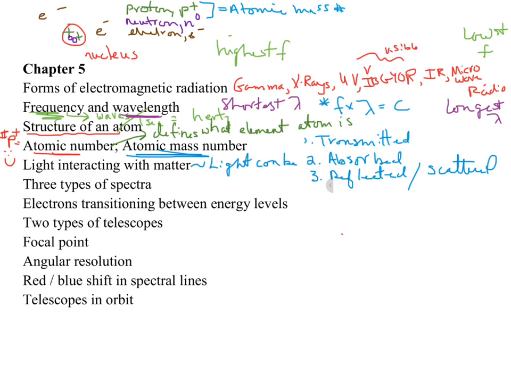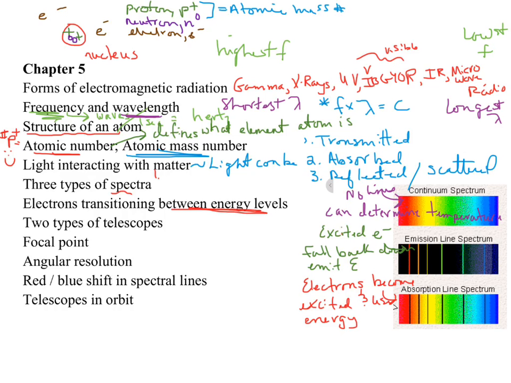Then the next term, and I brought in a figure from the internet. Okay, so it's a busy figure, but I'll talk you through it. There are 3 different types of spectra. And there's Kirchhoff's first, second, and third law, which I wouldn't worry about. But this says continuum spectra. We learned it as continuous, continuum, continuous.